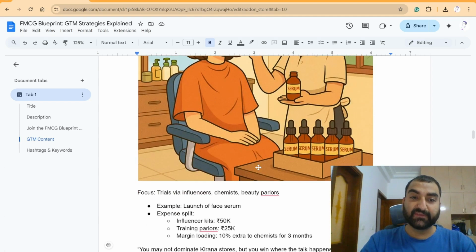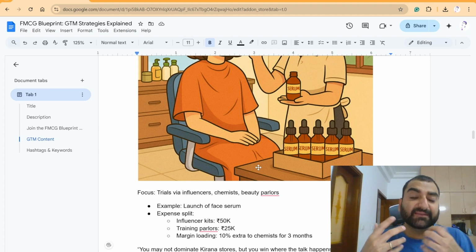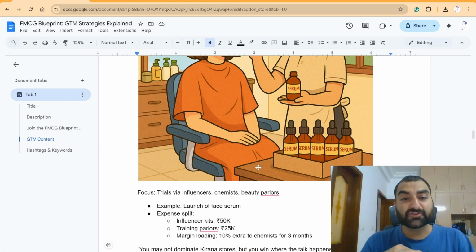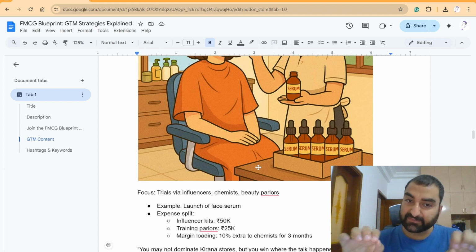So as you can see, the focus in this kind of GTM model would be to generate more and more trials via influence, and to have your visibility and availability in the chemists and beauty parlors. To better understand this, let's take an example of the launch of a face serum.